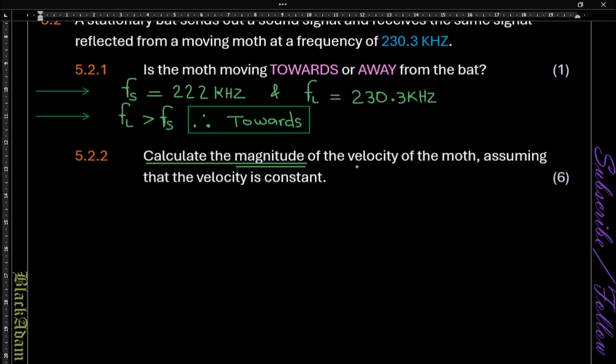Now calculate the magnitude of the velocity of the moth, assuming that the velocity is constant. So we need to calculate the velocity.